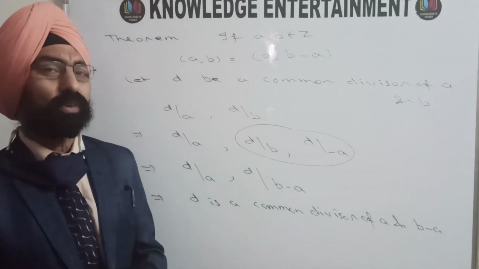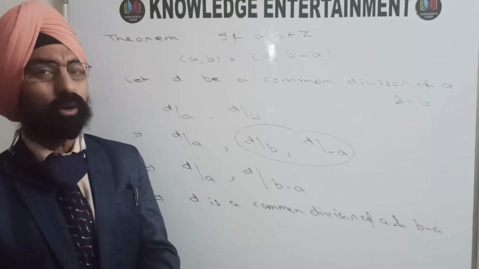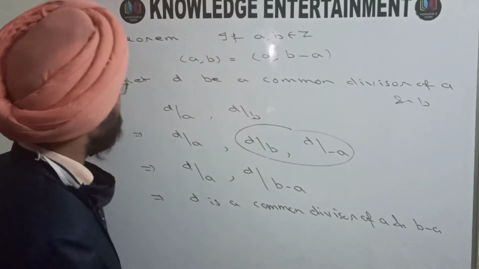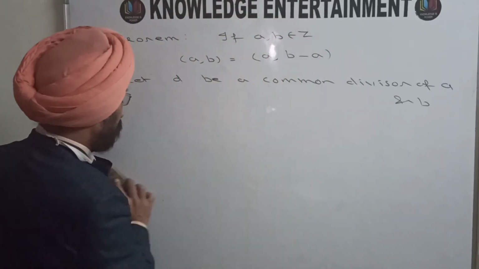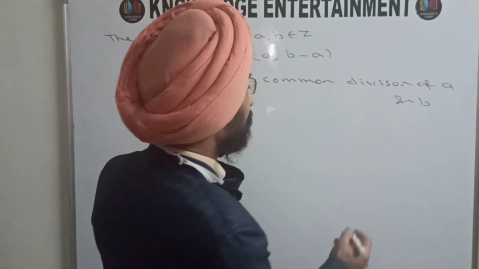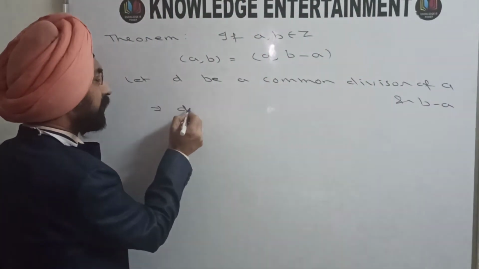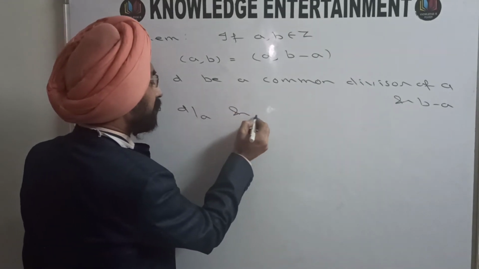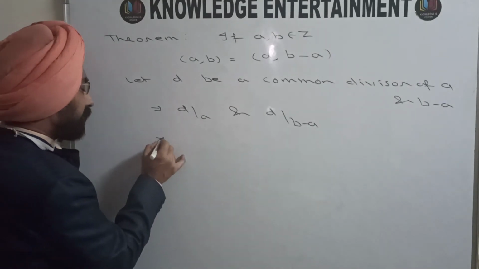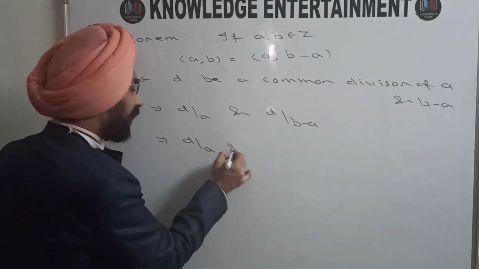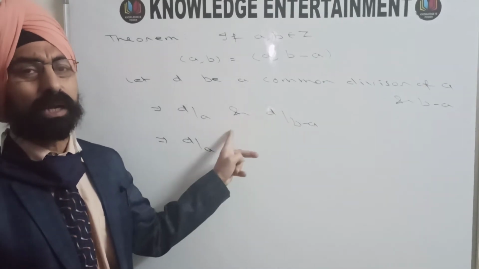And now we'll prove it the other way, that is, every common divisor of A and B minus A is a common divisor of A and B. So let D now be a common divisor of A and B minus A. This means D divides A and D divides B minus A. If D is a divisor of these two, then D must also be a divisor of the sum of these two numbers.